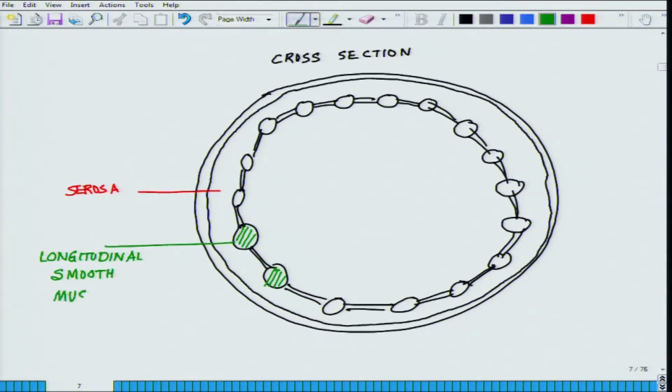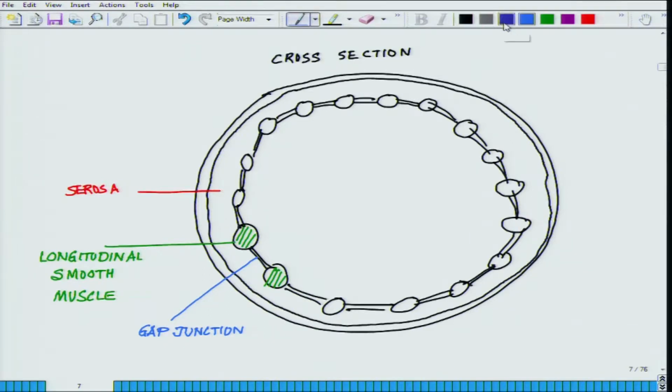There are two different kinds of smooth muscle, and I have already talked to you about the muscle physiology. And between the longitudinal smooth muscle, you see these important structures, these are called gap junctions. This is how the electrical impulse from one muscle is transferred to the next muscle.